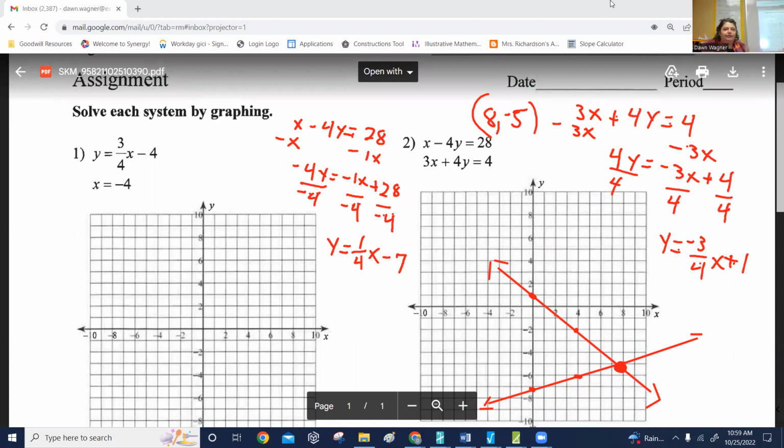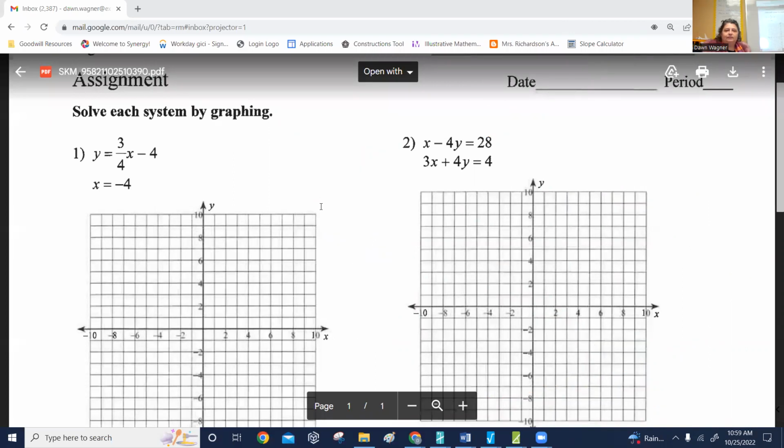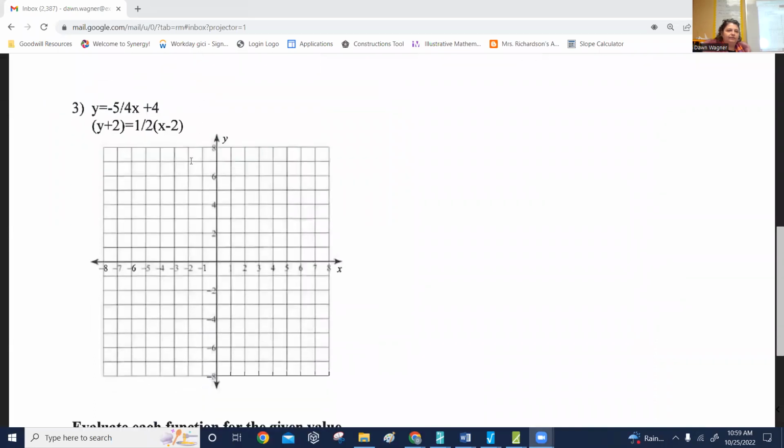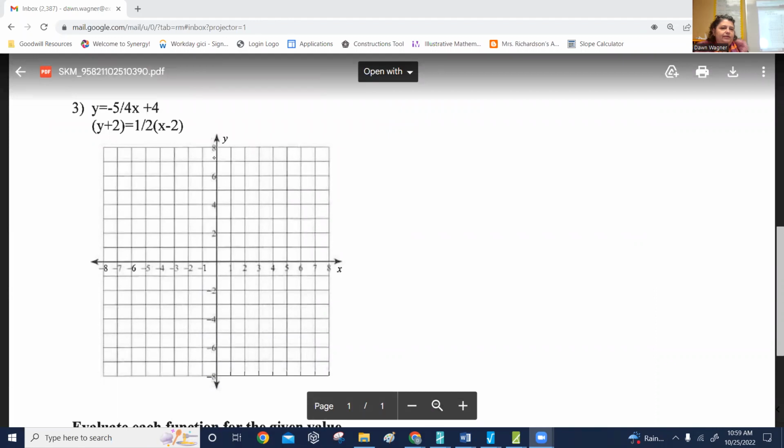Right? Okay. So the next one has point slope form and slope intercept form. So this one's already in slope intercept form. So b is 4, and my slope is a negative 5 over 4.